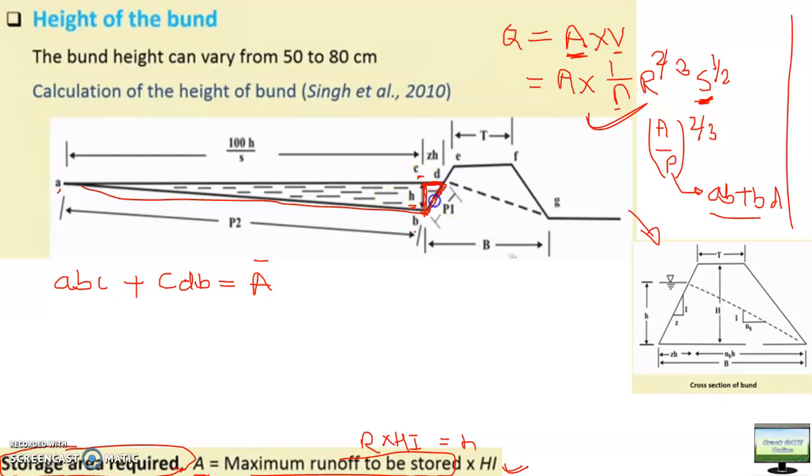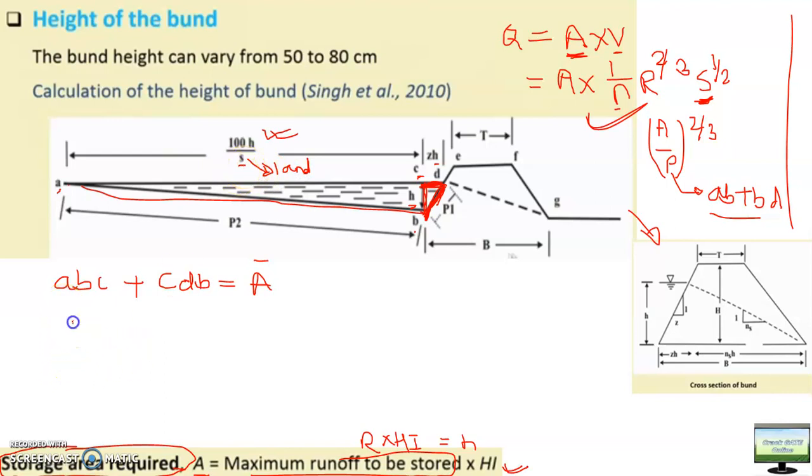As you know, this slope is Z to 1, meaning horizontal is Z, so this will become Z into H. Suppose the side slope is 1 to 1, then this CD will become H itself. And what is AC? AC is 100 H by S, where S is the land slope. Suppose it is 5 percent, then S is 5.